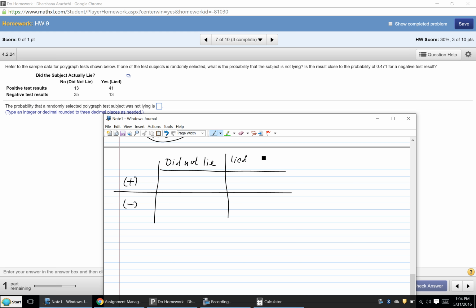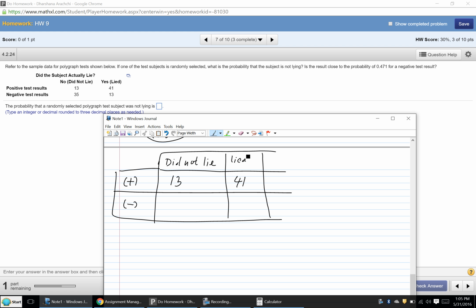Now this number 13 says that positive here means this instrument falsely identified these 13 people as liars, even though they did not lie during the experiment. And this 41 says the instrument correctly identified these 41 people as liars.